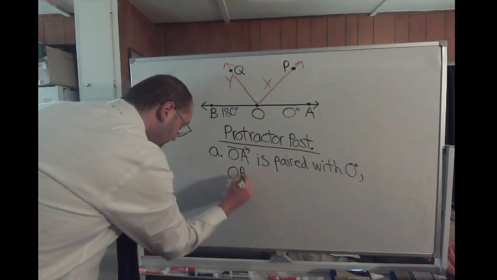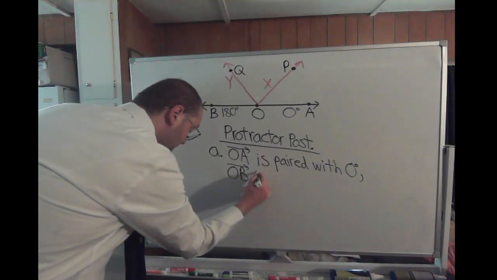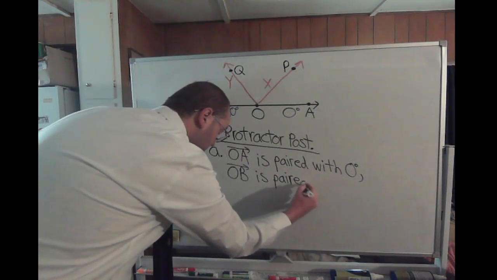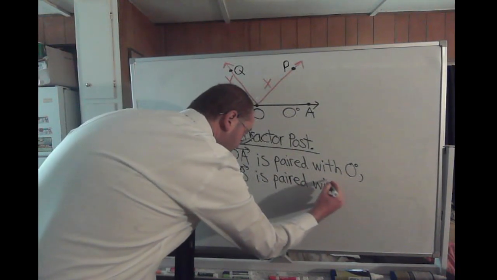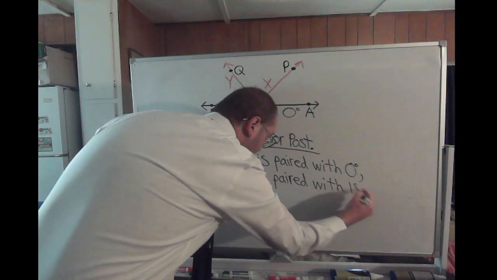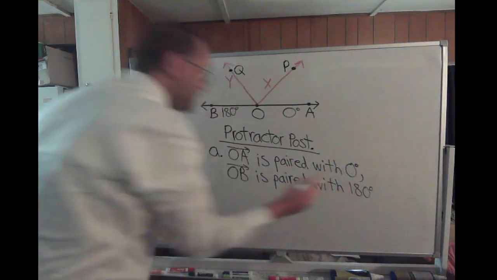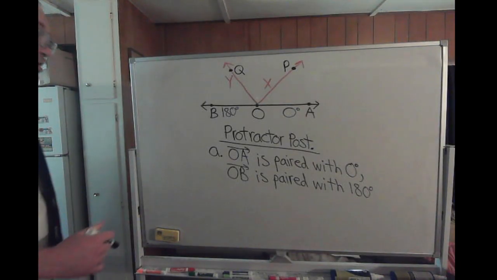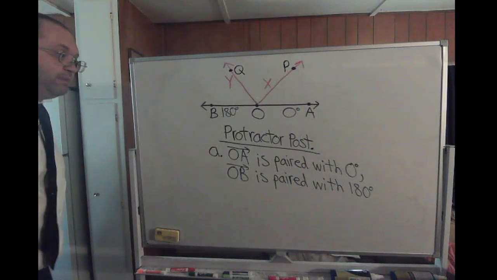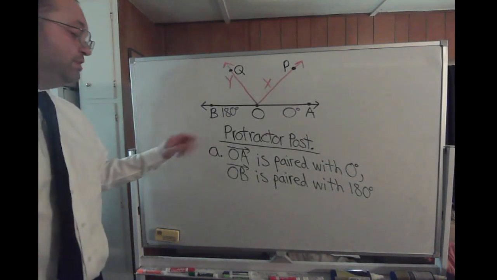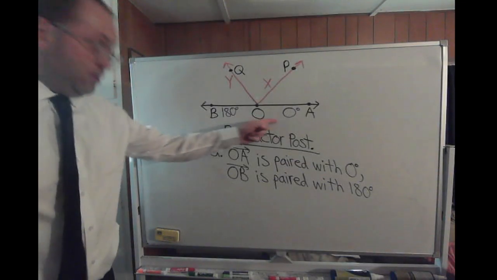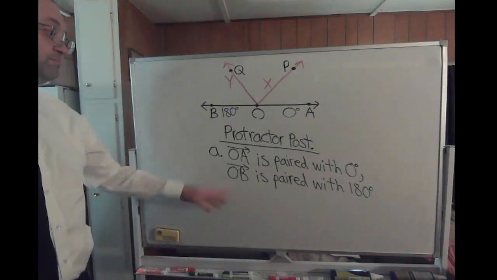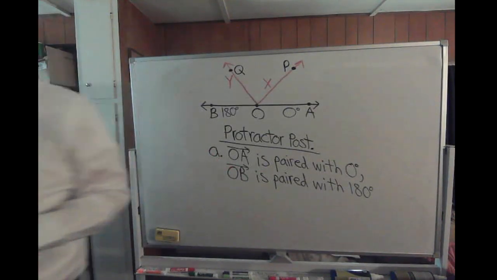Ray OB is paired with 180 degrees. Okay, so we've already kind of talked about that for this subpart A. There's a subpart B, and that's about it to this postulate. But we see ray OA is paired with 0 degrees, ray OB is paired with 180 degrees. So I think that part's pretty self-explanatory.